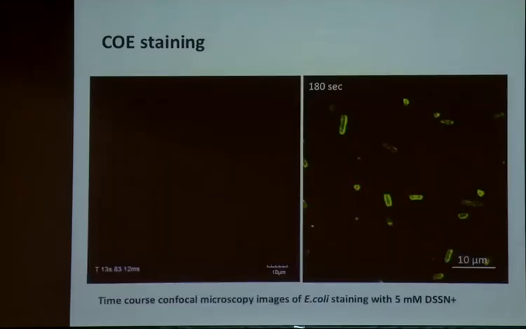Is it only inserting in the outer membrane, or may it have a tendency to migrate to the inner membrane as well? I believe it's in both membranes. It's hard to tell from this image, but sometimes the COEs can go into the inside of the cells.